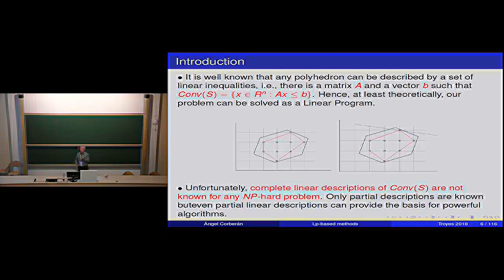Unfortunately, obtaining a complete linear description of the convex hull of the feasible solutions is an NP-hard problem for any NP-hard combinatorial optimization problem, and no complete convex hull description is known for any of these problems.